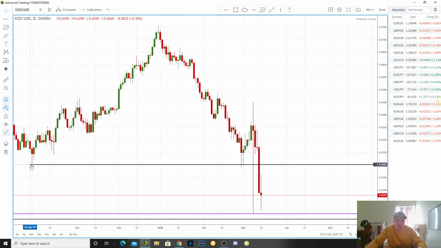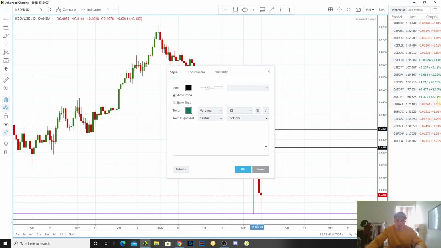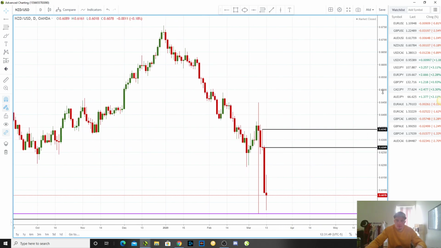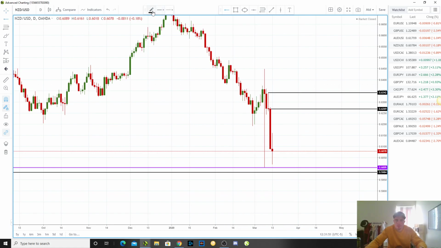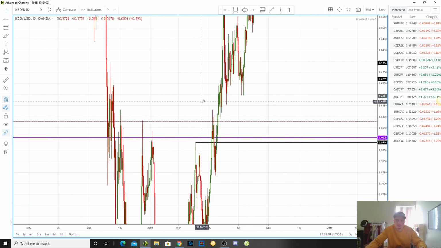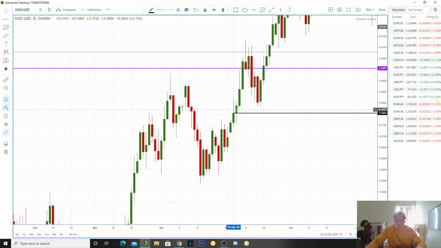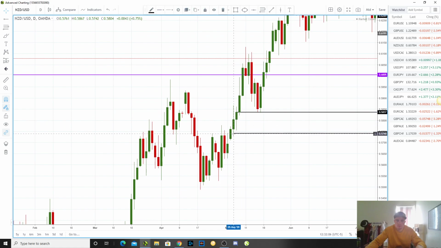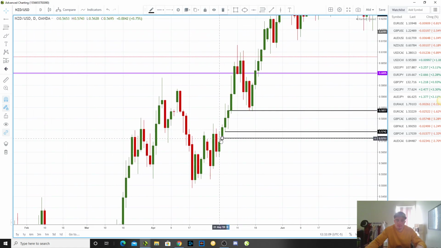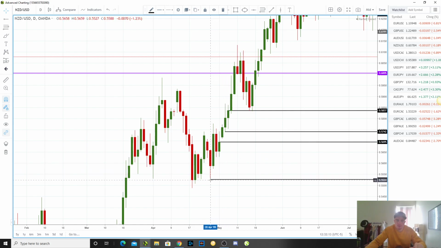All these really nice clean levels here we got on the New Zealand dollar. It's pretty nice, huh? Effectively, we got that, and that, which is actually just this right here.